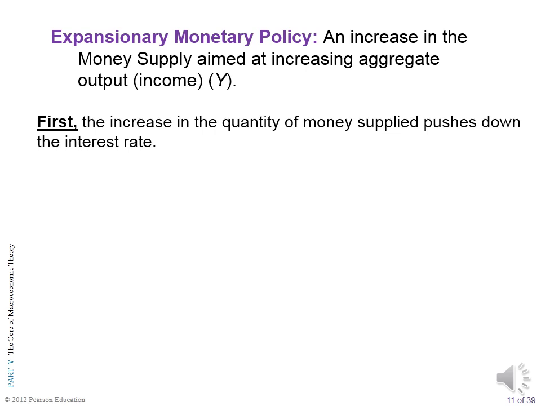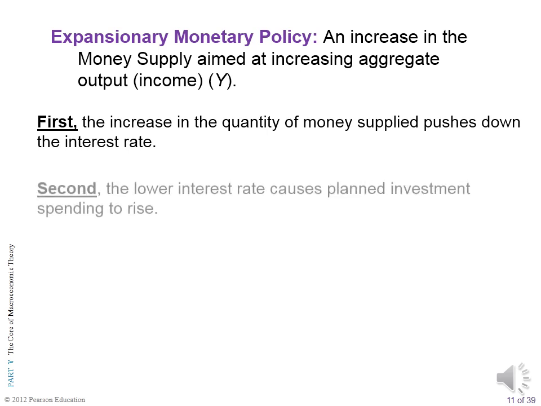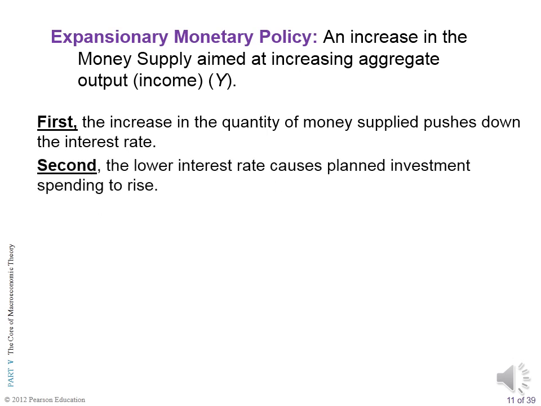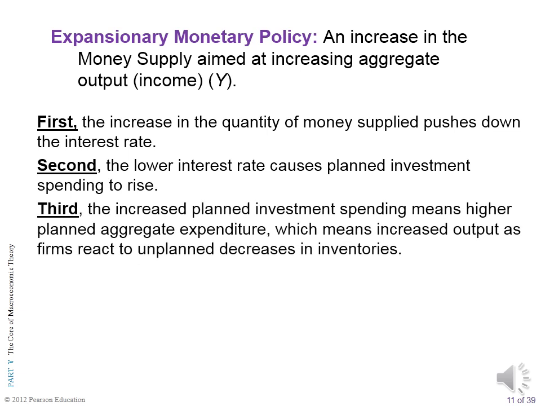An increase in money supply هيعمل إيه؟ Will decrease interest rate. Okay, a decrease in interest rate هيعمل إيه؟ Will increase investment. Increase in investment will increase aggregate expenditure, which means increased output as firms react to unplanned decrease in inventories.